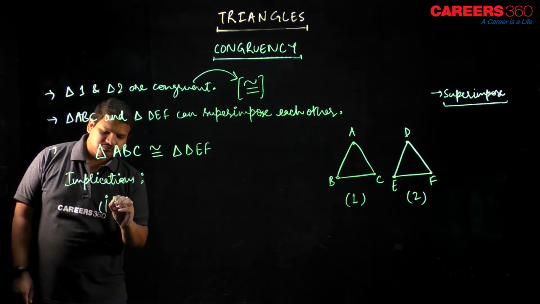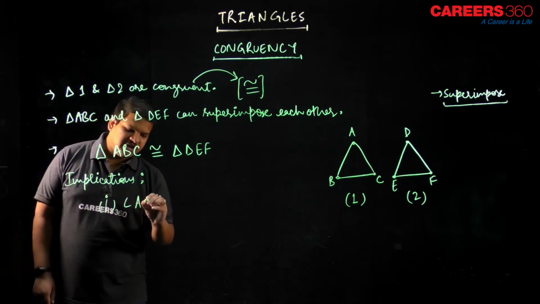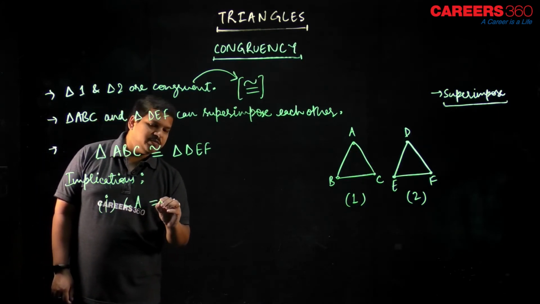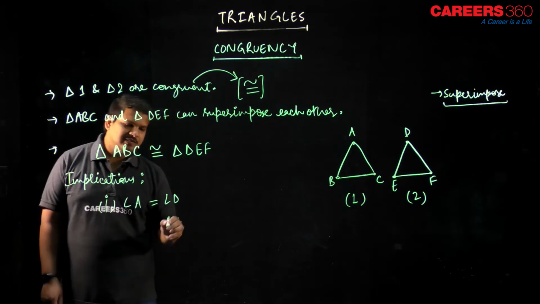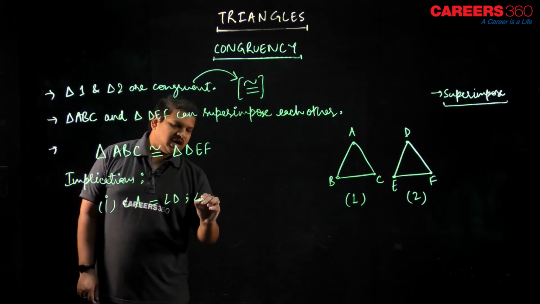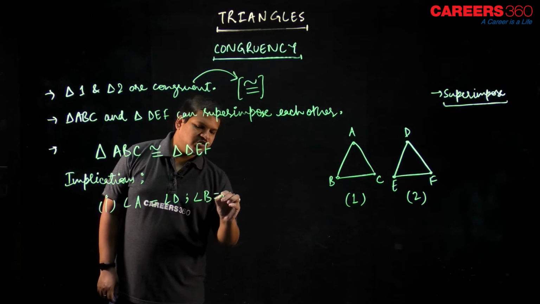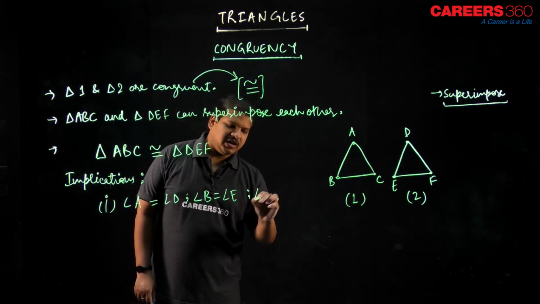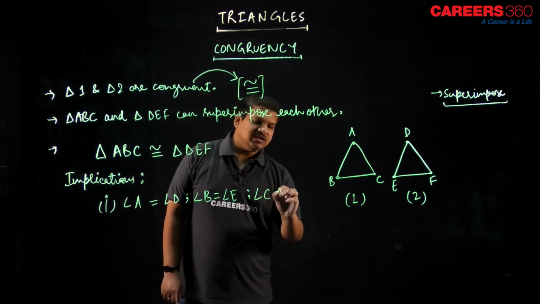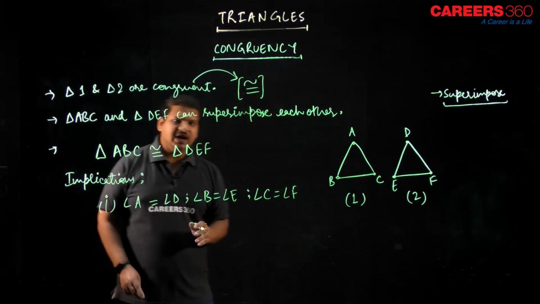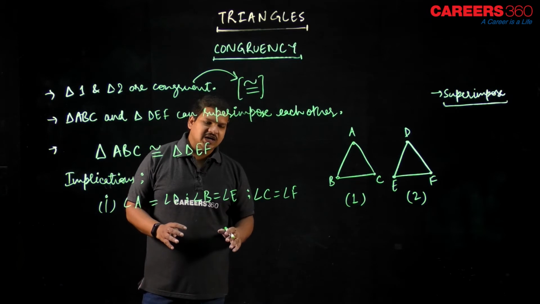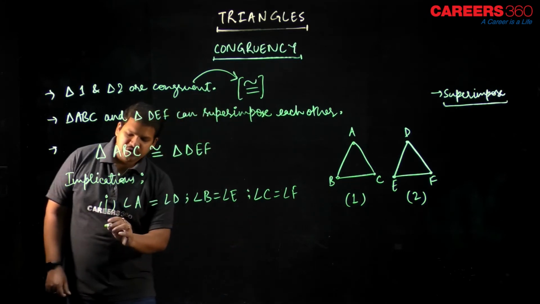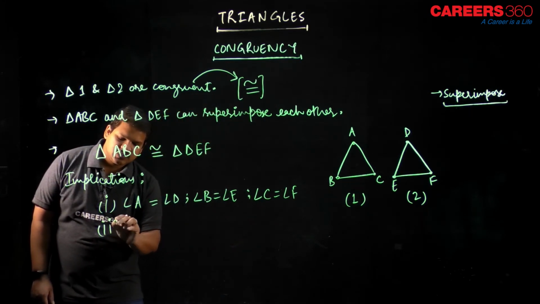Firstly, angle A will be equal to angle D, angle B would be equal to angle E, and angle C would be equal to angle F. That is, all three angles are separately equal to each other.